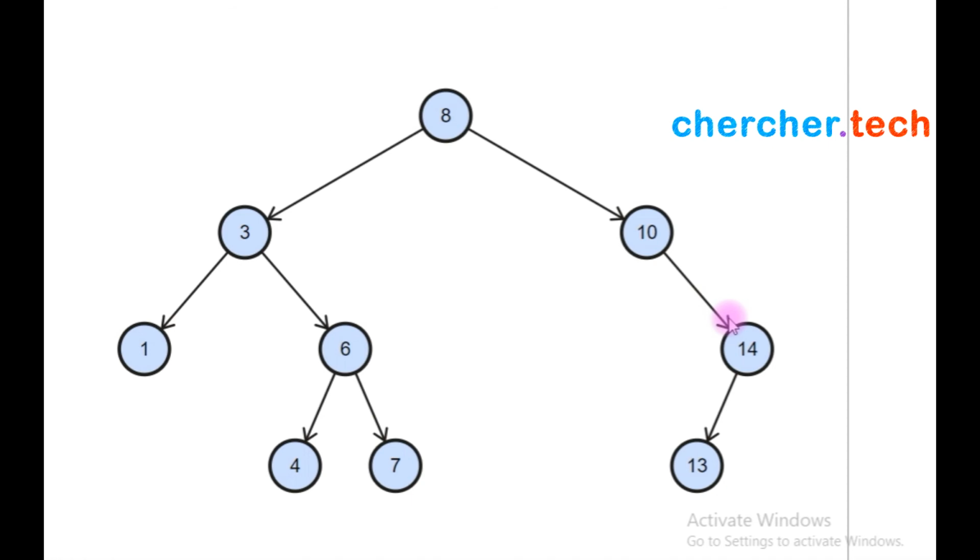When I compare 14 and 15, again 15 is greater than 14, so it should go to the right of 14. Somewhere here it should come. Let's insert 15. See, as I said, it got inserted there.